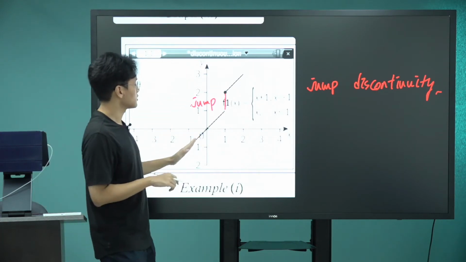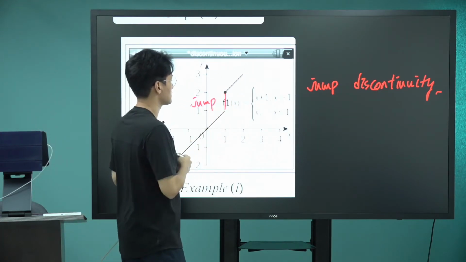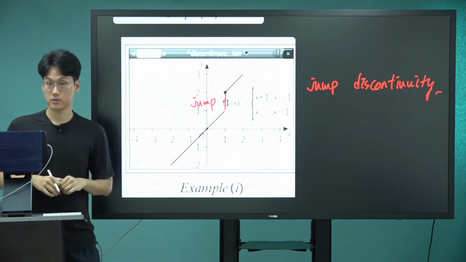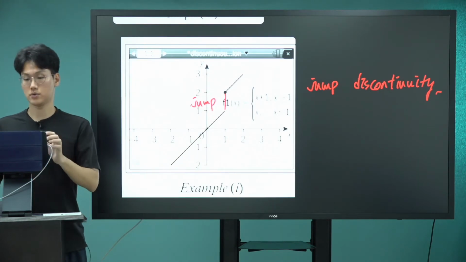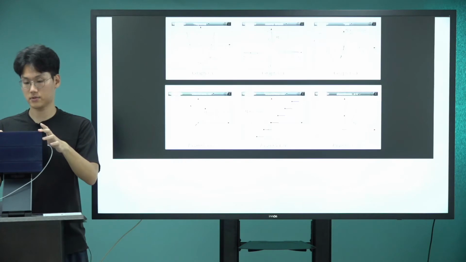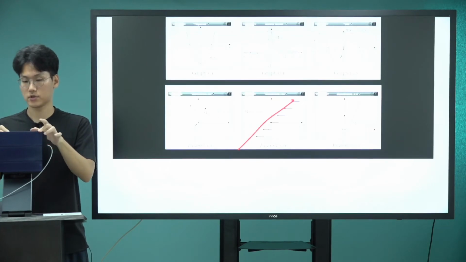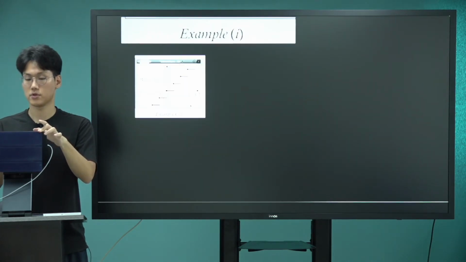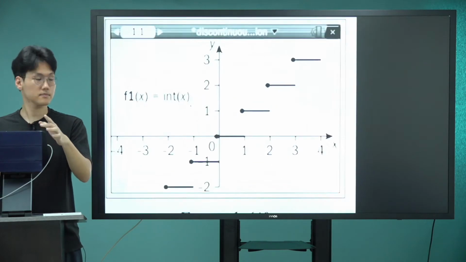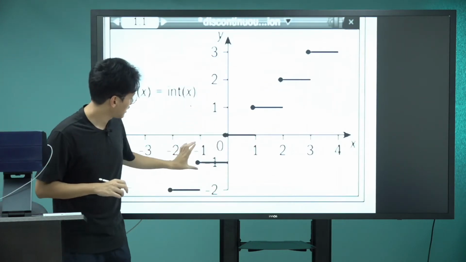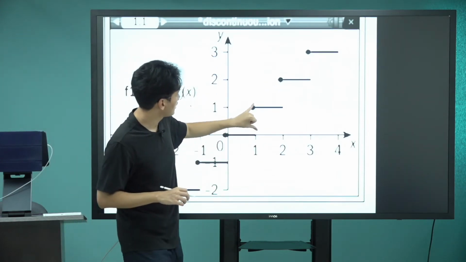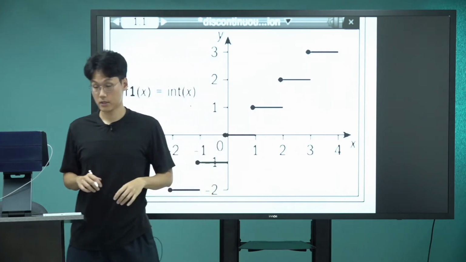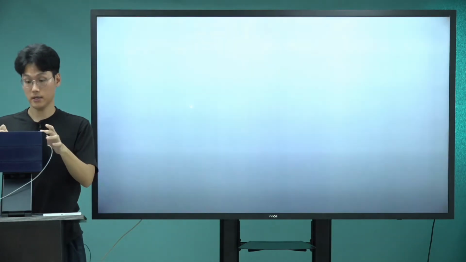However, since the left and right limits are not the same, the limit doesn't exist, so we call that a discontinuity. That's jump discontinuity. If you look at this famous floor function, which covers just the integers, we also consider it jump discontinuity. See, at integer values they are jumping, so it's jump discontinuity as well.